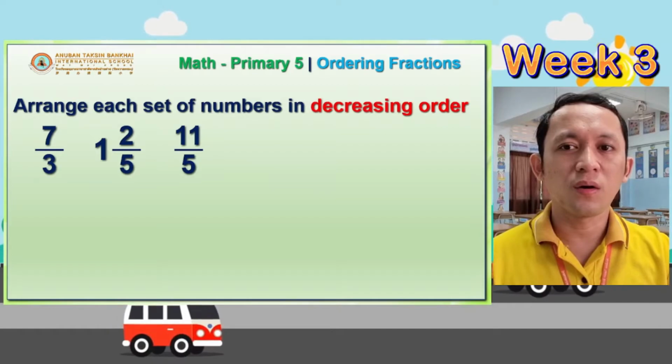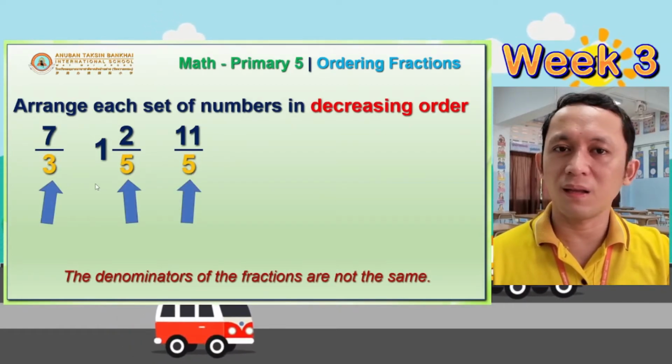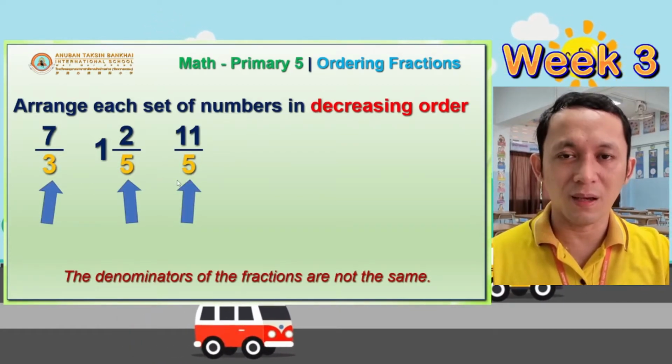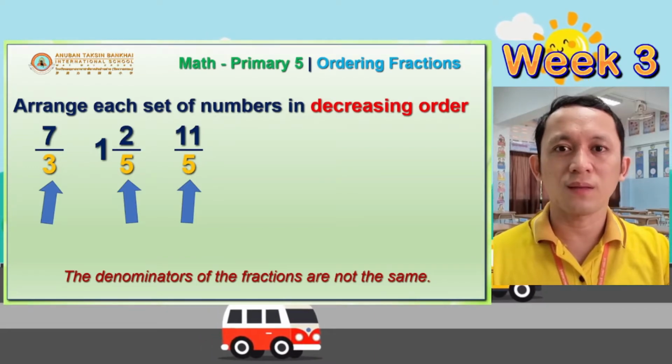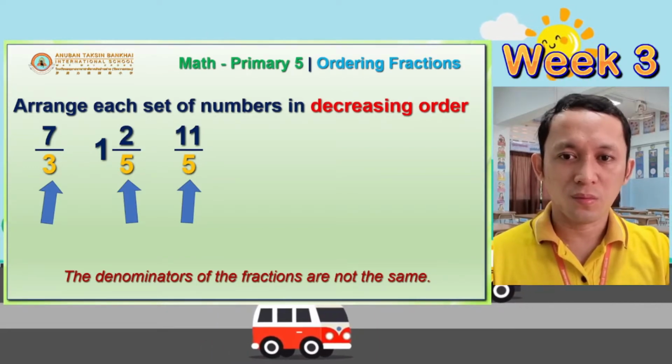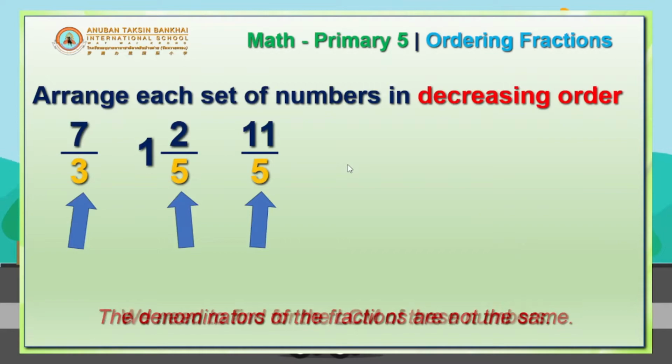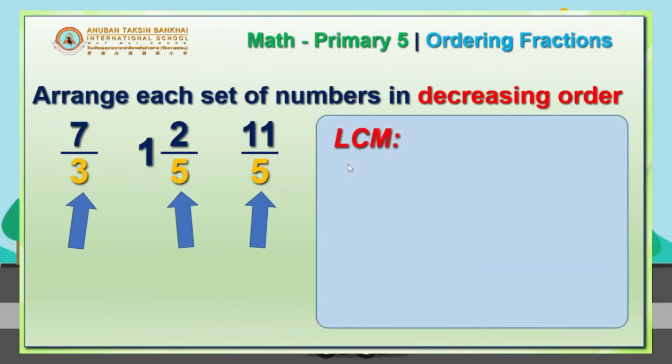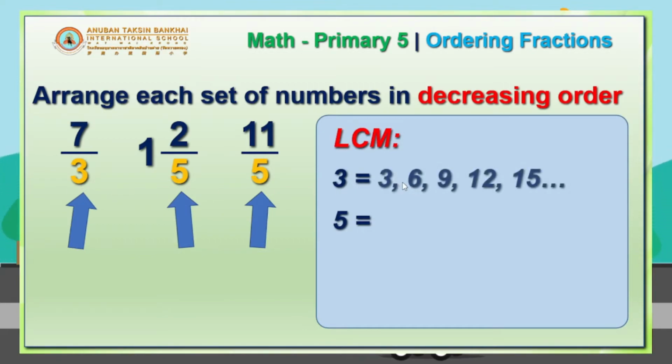Okay, so you can see here that again our denominators are not the same, so we need to change that, of course. So we're going to look for the LCM. For the LCM of 3 and 5, the first 5 multiples of 3 are 3, 6, 9, 12, and 15.